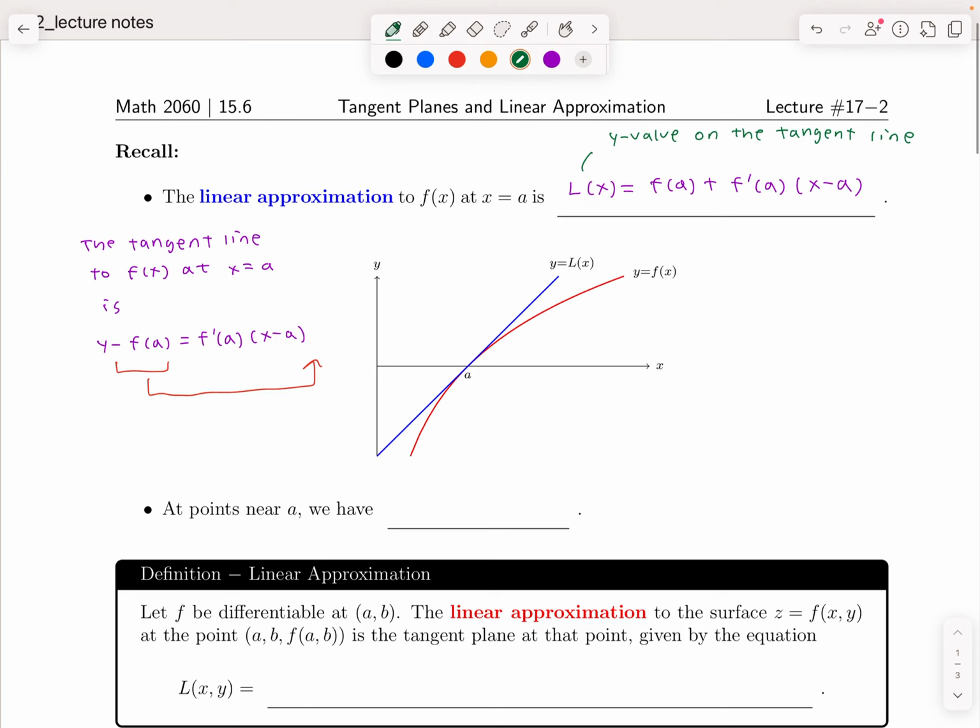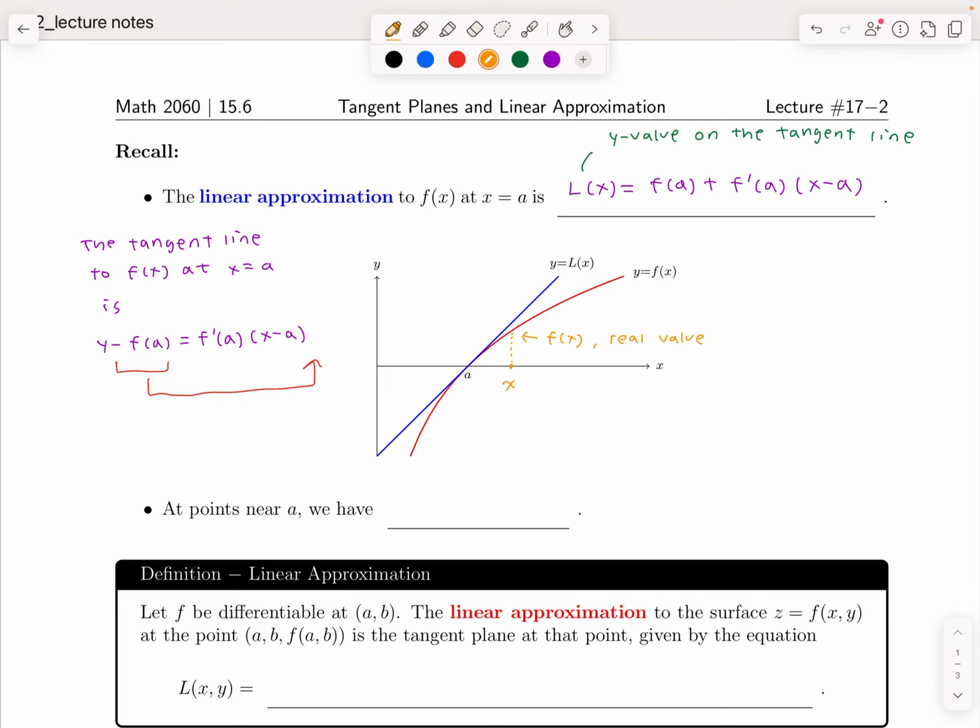So what is the linear approximation? Remember, we use the tangent line to approximate the value on the curve. That is a linear approximation. For example, right here, if I want to evaluate this point, let's say this is x, and that will be my f of x, which is the real value. But sometimes we won't be able to find this real value easily.